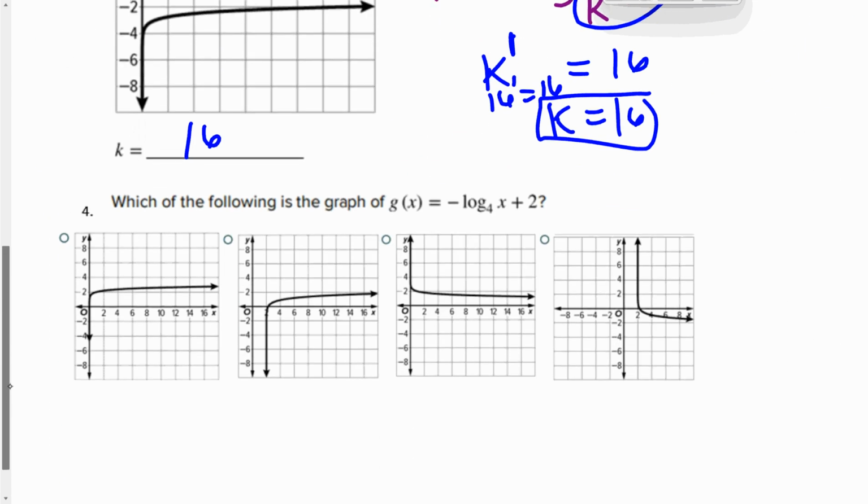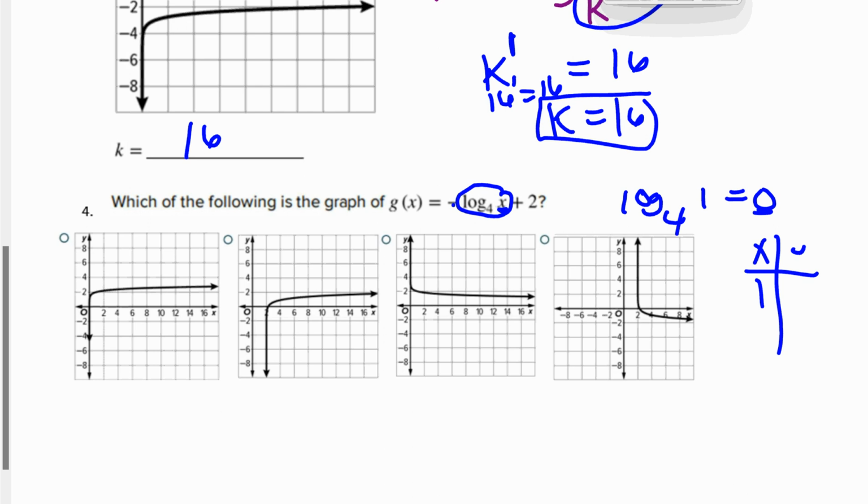All right, this one here, a master graph, and I'm really doing the same thing here. I'm using this fact, the log of any base, even 4, of 1 will equal 0. So what gets me a 1 in here? Well, what would give me a 1 in there is 1, right? So if I plugged a 1 in for my x, then this right here would be 0. 0 times a negative is 0, and 0 plus 2 is 2.